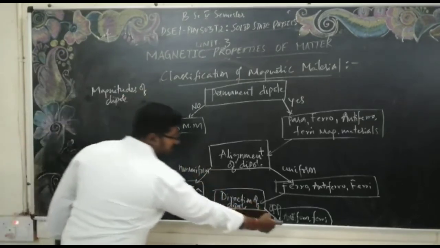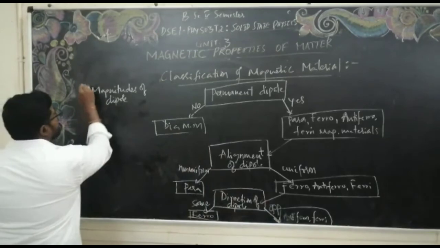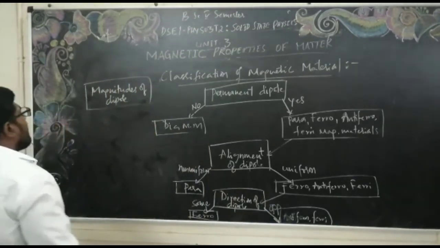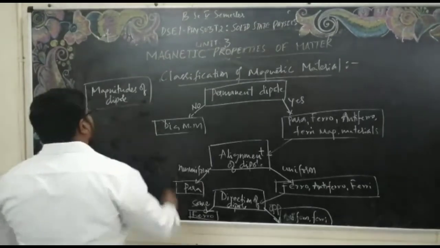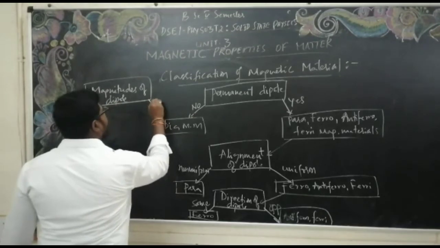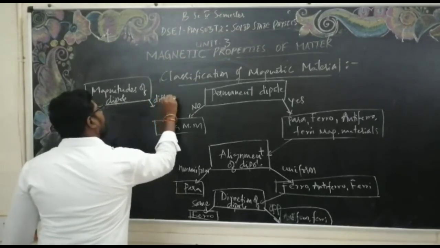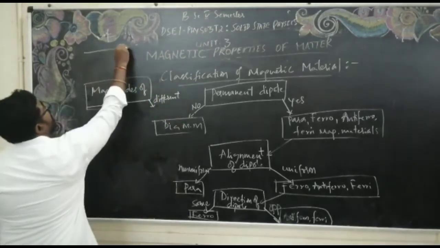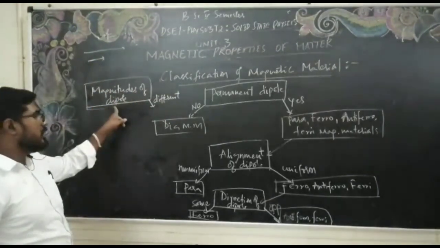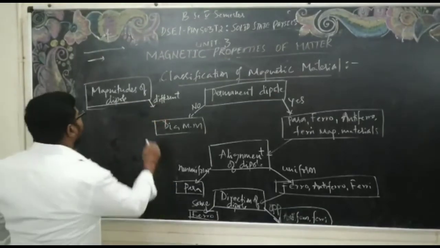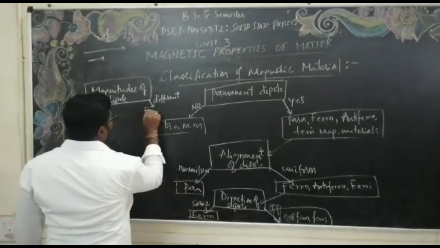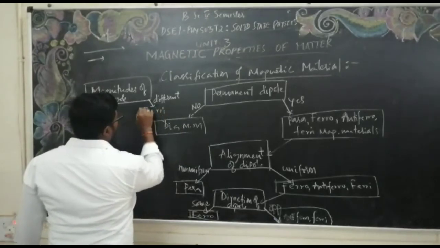This is the continuation of that. If the magnitudes of the dipole are different, like this, the magnitudes of the dipoles are different, those types of material come under the ferri.